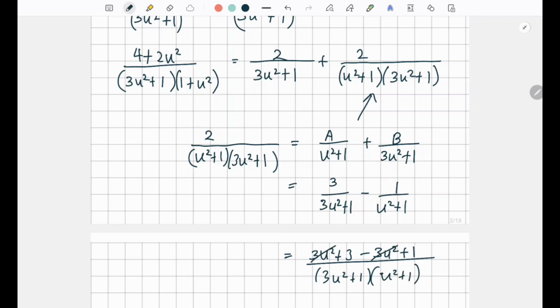You can see these two cancel off, and you'll have 2 as your numerator. That's all you need to do.